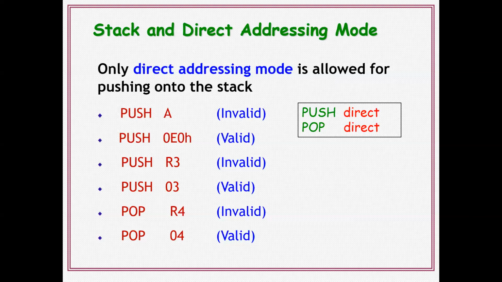Next instruction, PUSH R3. PUSH R3 is also invalid, so you can replace it with PUSH 03H. POP R4 is also invalid, so replace that. The R4 address is 04, so you can directly specify 04. Okay.